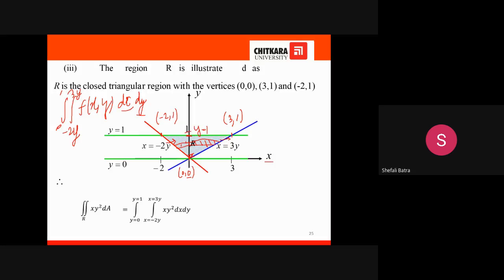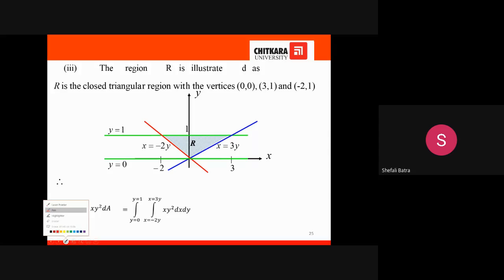Now, again my question is, I'm erasing this. Now you will tell me, if I'm writing it the other way. That means double integration xy square dy dx.